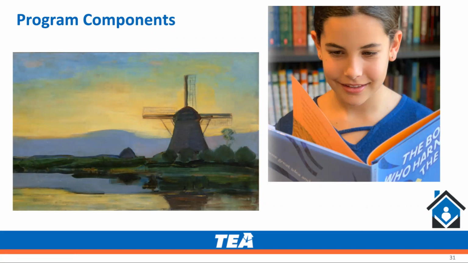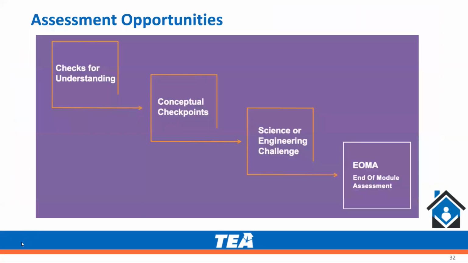And so there are often opportunities within lessons to reference famous pictures or art representations. And then in modules, there may be an anchor text that students could read or teachers could read to students, especially in kindergarten.